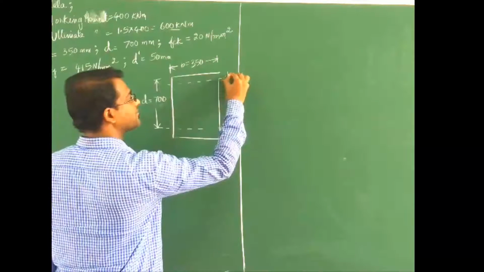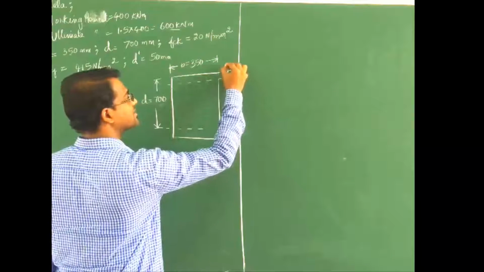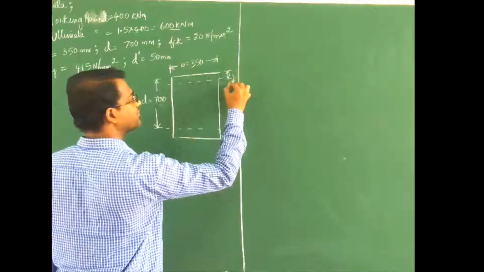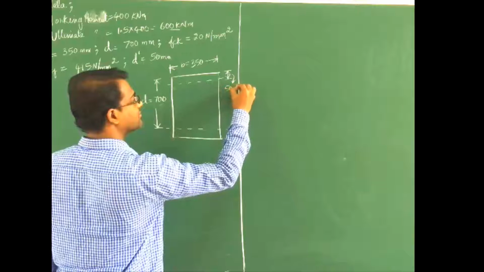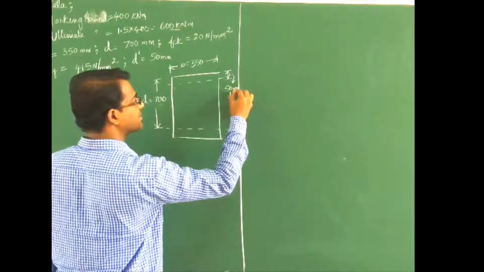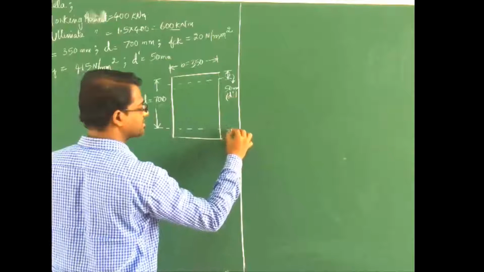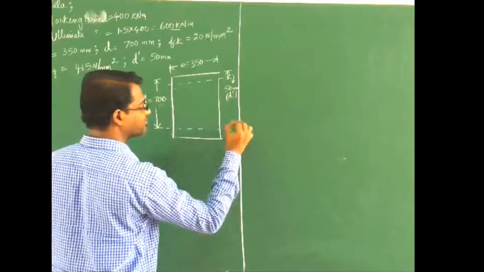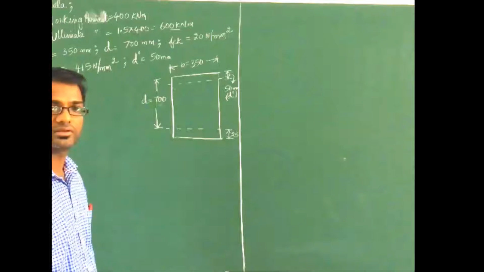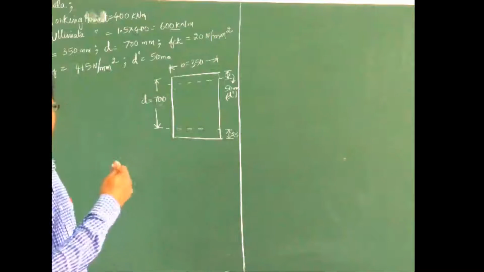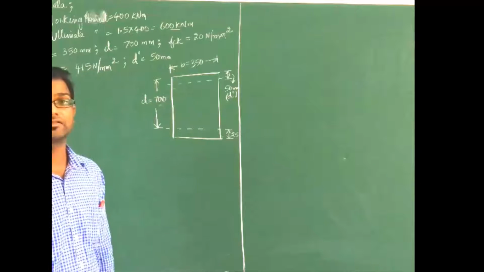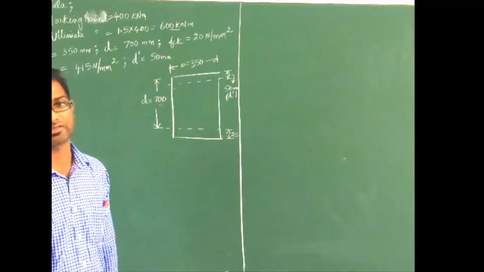Now this cover is given as 50, which we are denoting as D dash, and this cover is normally taken as 25, right? So for this procedure, we'll refer to Annexure G, page number 96.